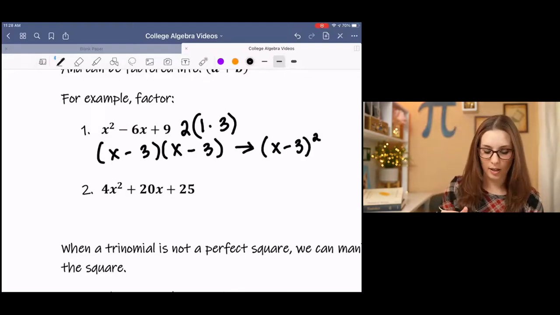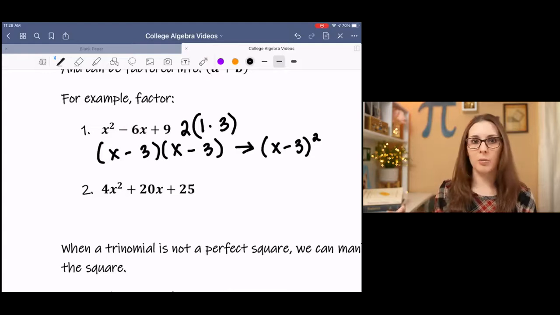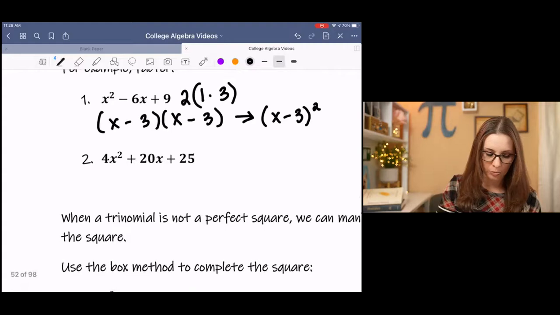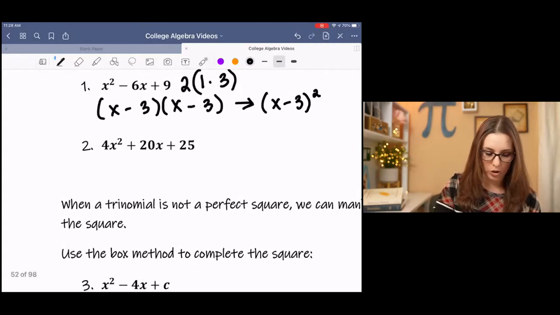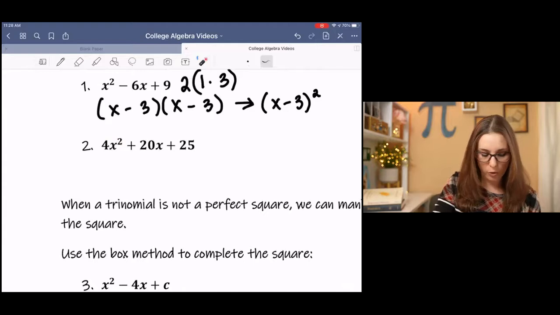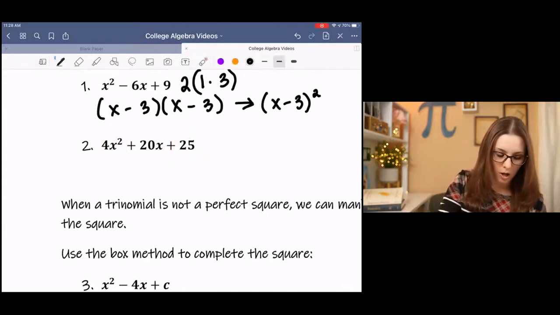And that's a perfect square trinomial. And if we had it set equal to 0 or some number, then we could square root both sides and solve for x easily. And then another example of a perfect square trinomial: 4x squared is a perfect square, 25 is a perfect square.